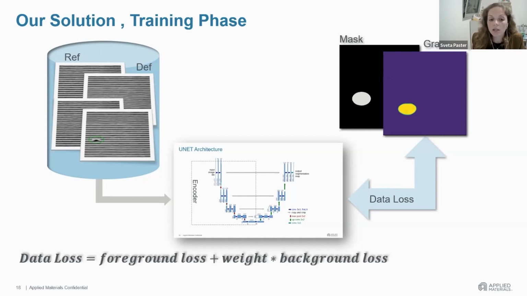But the logic is, since we know that our annotations are noisy, part of the area in the annotation will be, of course, background, and part of it will be a defect. So we need in some way to give a different weight to the pixels inside the defect and outside the annotation.